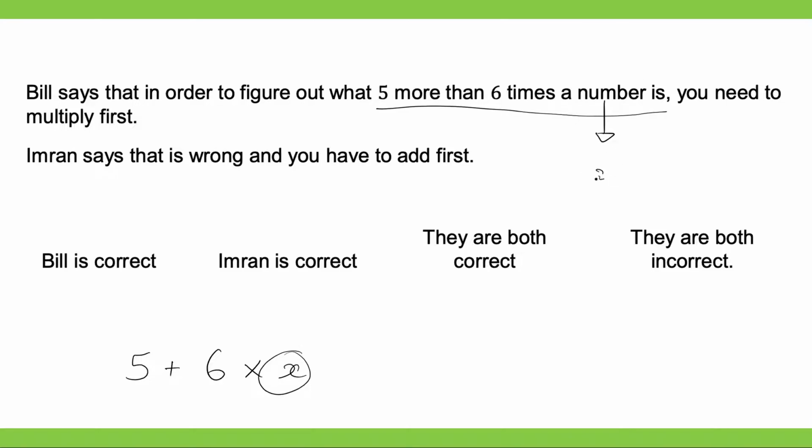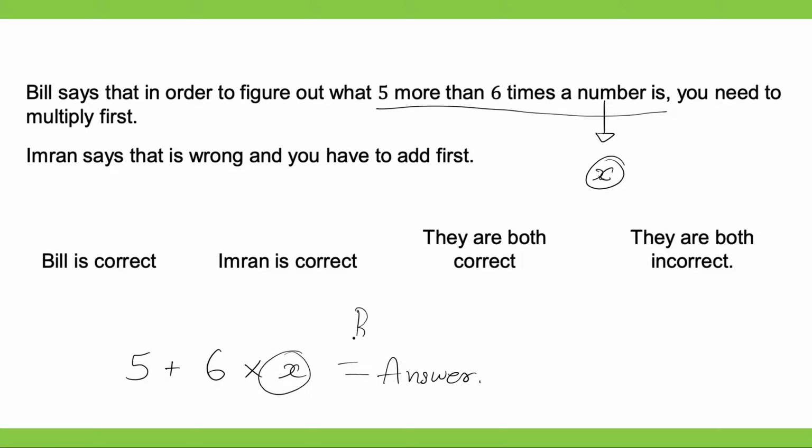So this number is x. So we need to find out 5 more than 6 times a number. So how would you work that out? If you have 5 more than 6 times the number, you are finding 6 times the number first, then you're adding 5 onto it.